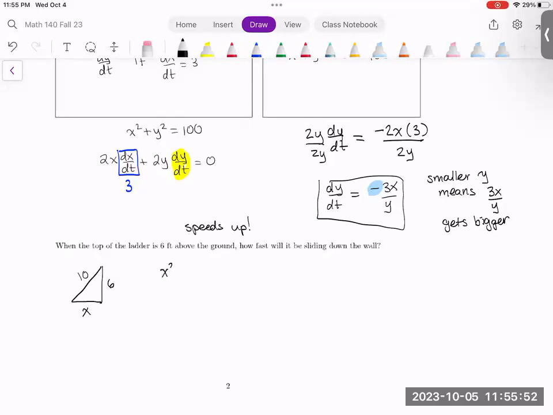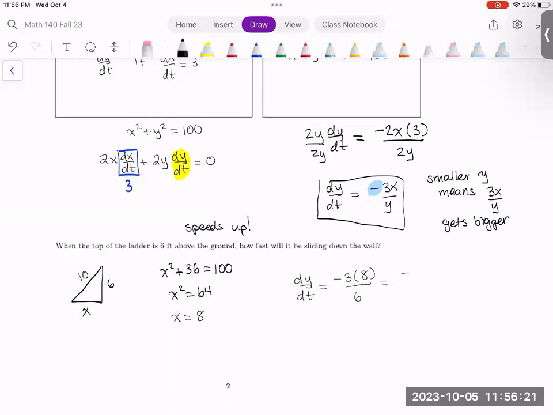So we have x squared plus 36 equals 100. And so x squared is equal to 64, and x is 8. At this particular moment, our dy dt will be negative 3 times our x value over our y value, which was 6.